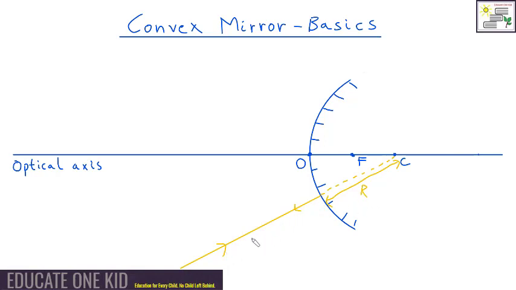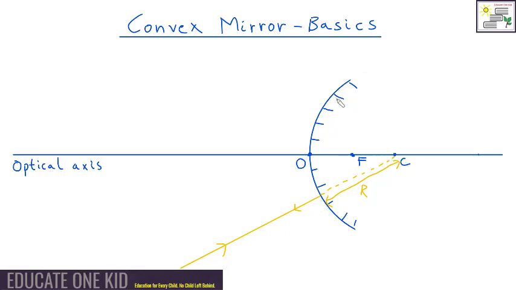Okay, and we know that the radius is always at 90 degrees to the tangent of the circle. Okay, so that's why here the angle of incidence is 0, and so the angle of reflection is 0 as well.